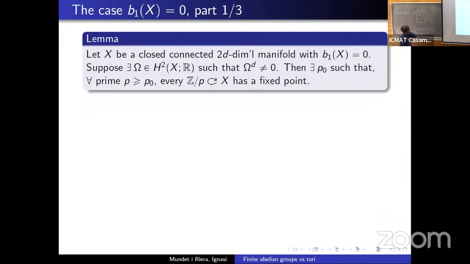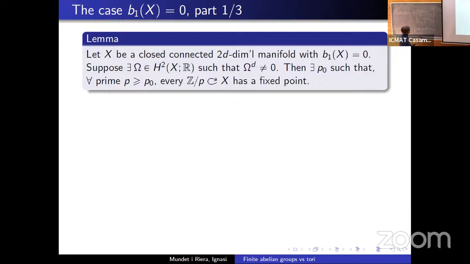Okay, so to begin with, I will explain the proof in the case in which the first Betti number is 0. And then I will explain how to treat the general case. So a first result is the following.